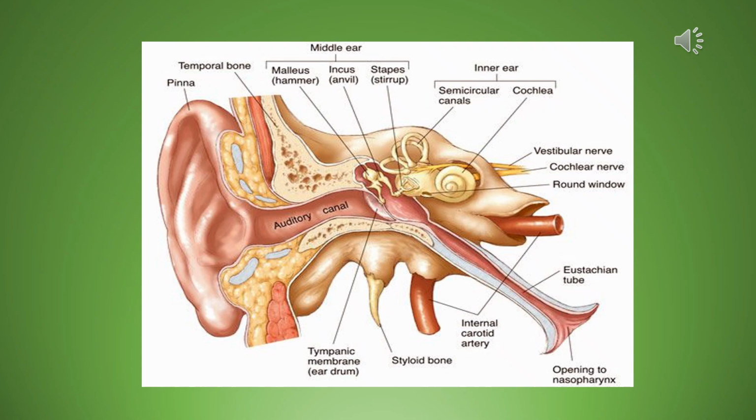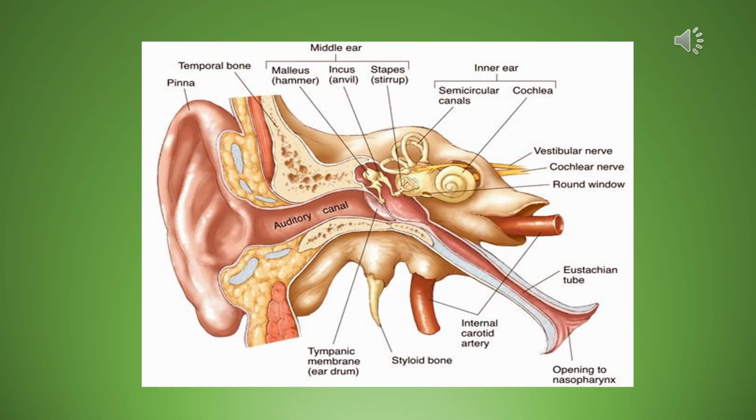So what we have is energy coming into the auditory canal. The energy is the compressed air molecules traveling in waves. When they strike the tympanic membrane, or the eardrum, it causes it to move.